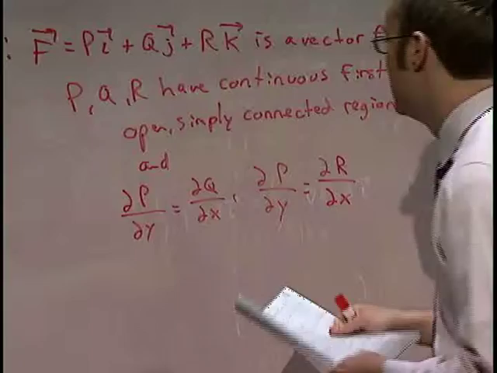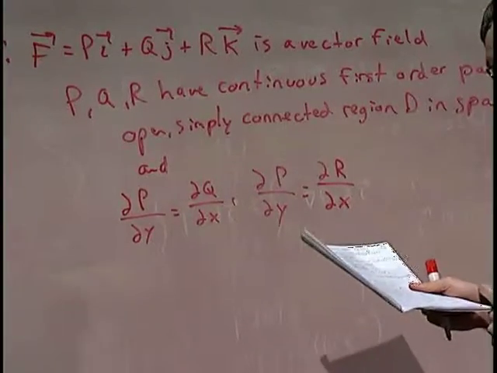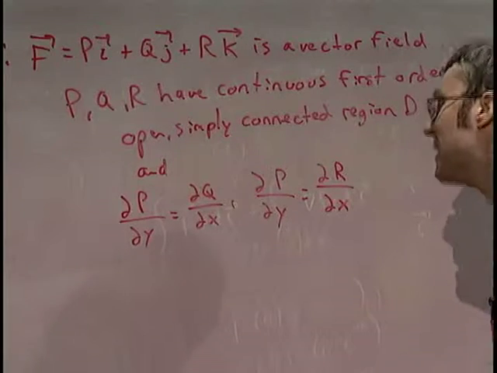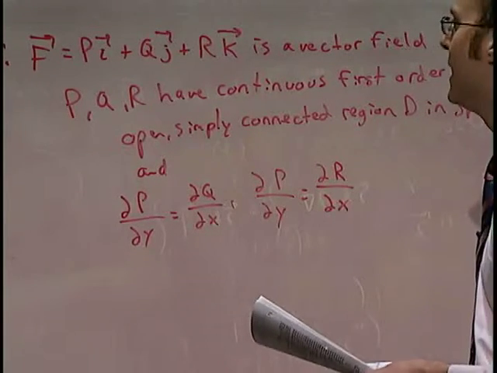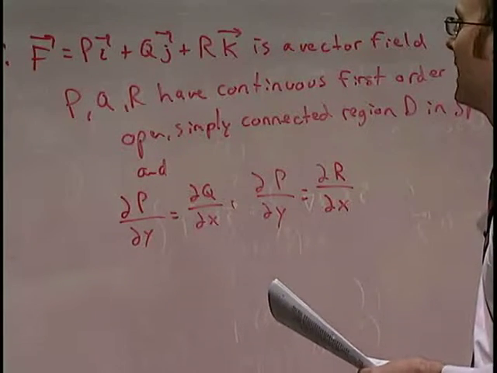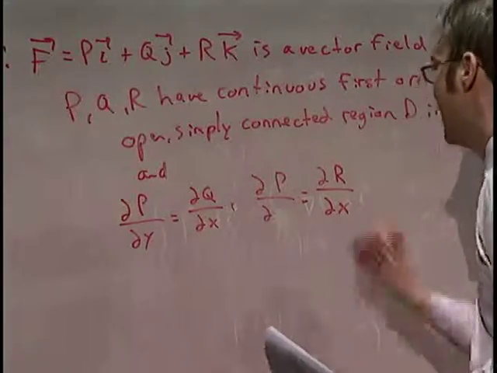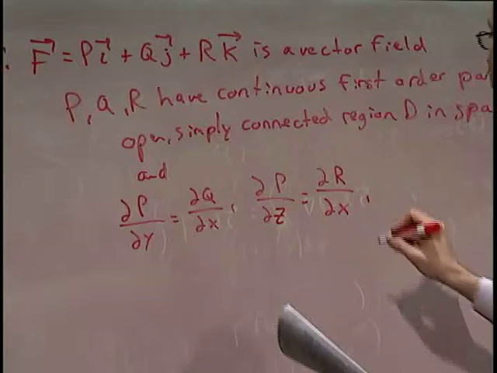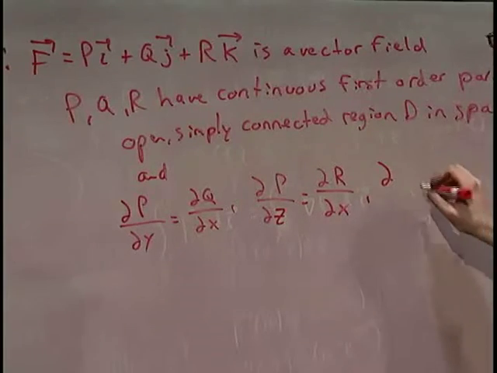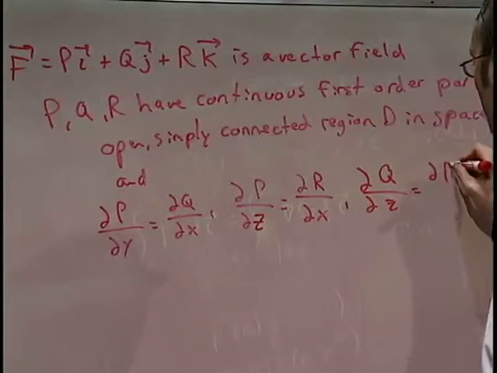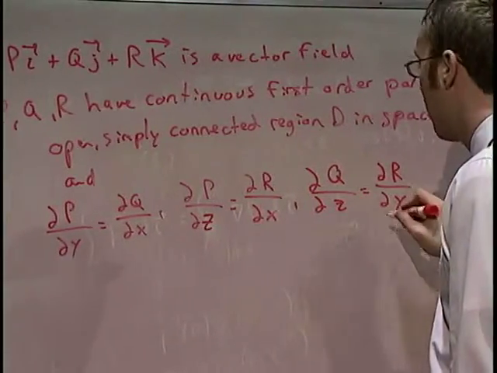Wait, hold on. You're switching P and R, and you're switching x and z. So this should be a partial z there. That looks better. And then partial Q partial z equals partial R partial y.